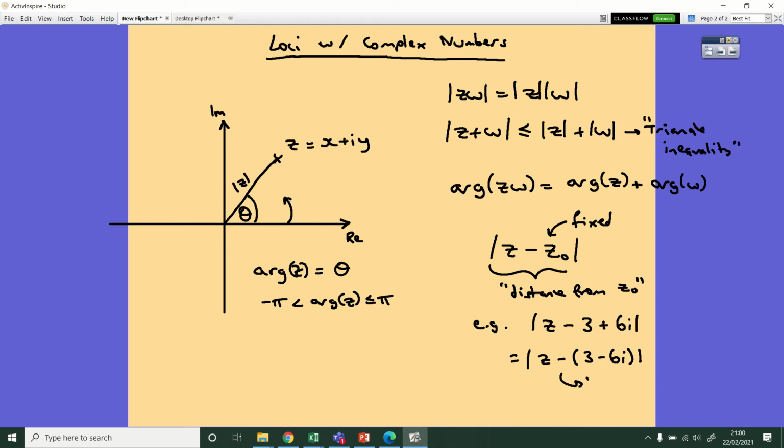So this is then the distance from 3 minus 6i. So make sure that things are written like that if you want to interpret in a geometric way. Right, let's move to a new page. We'll do a few examples and then I'll do some exam questions and give you some practice.